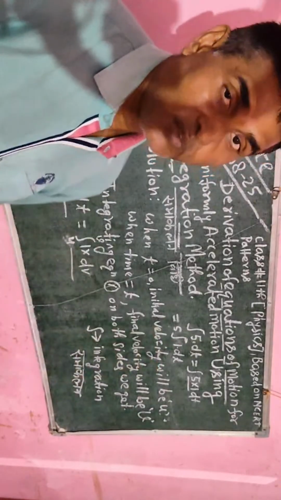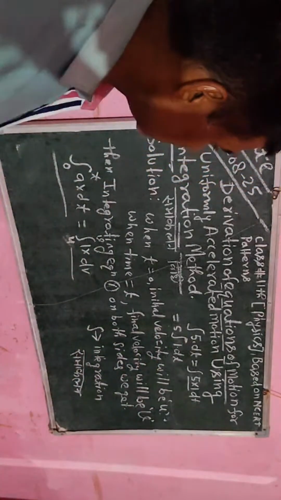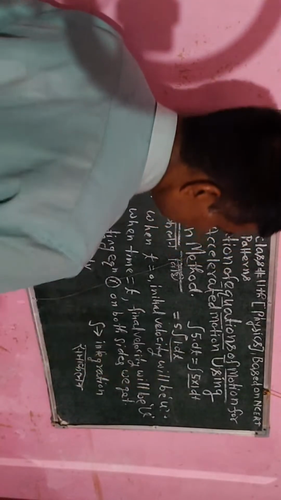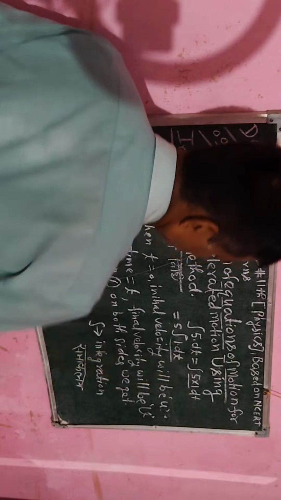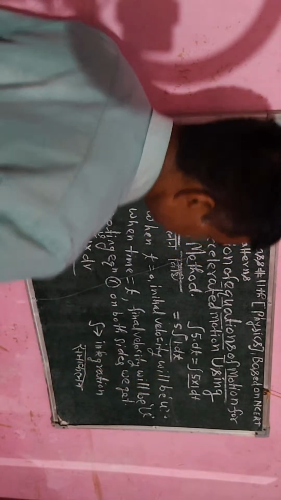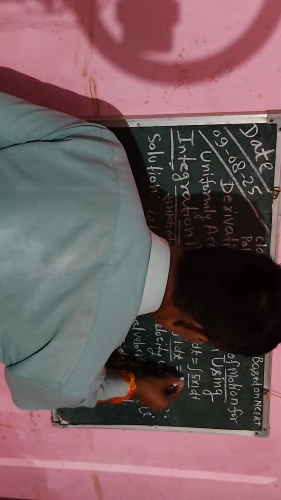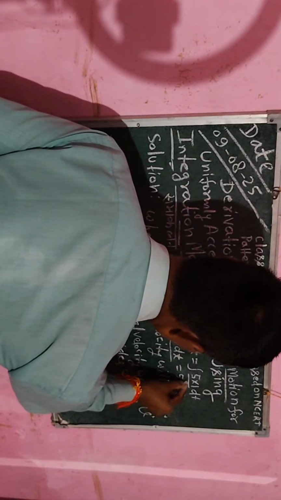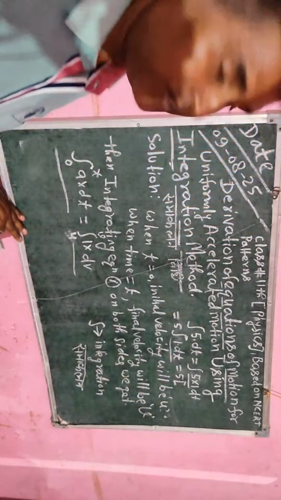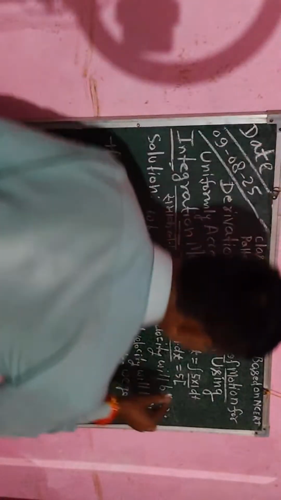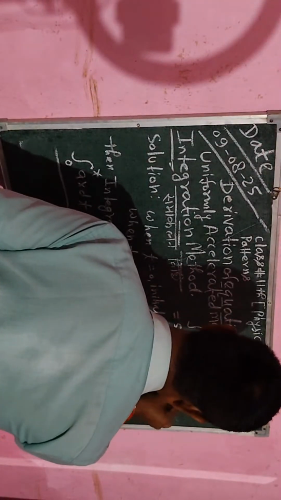Now, one more thing: this is a function in the variable t. Here 5 is common, so I will put 5, but the integration of 1 into dt will be t, because the function has variable t, so its integration will be t.